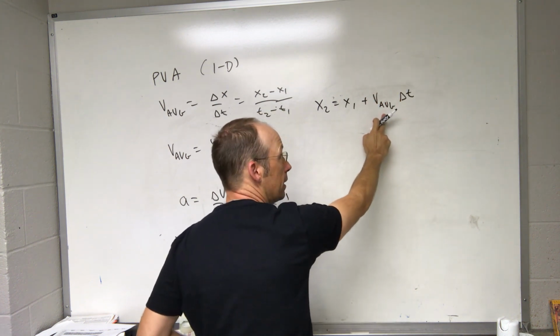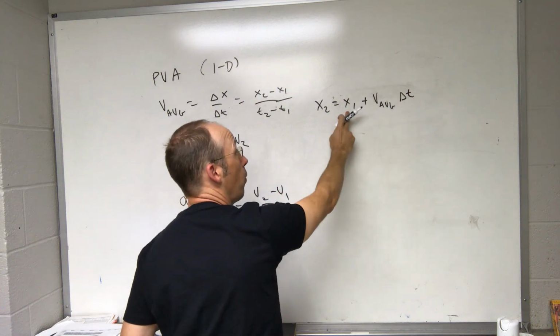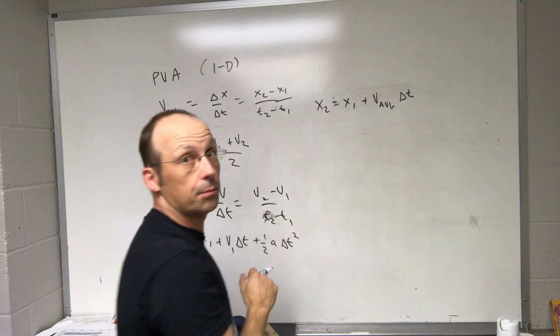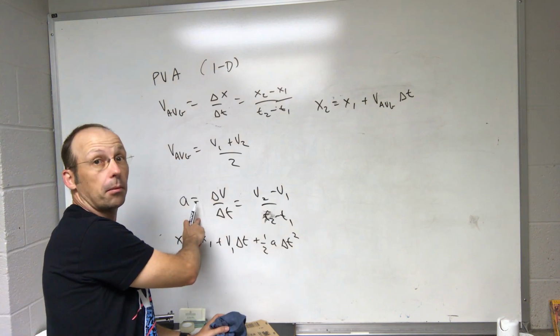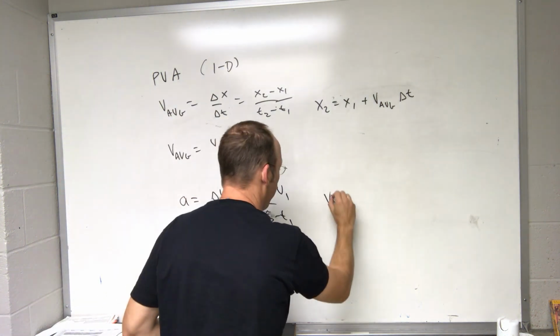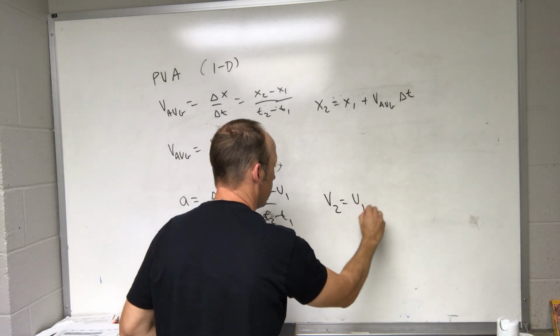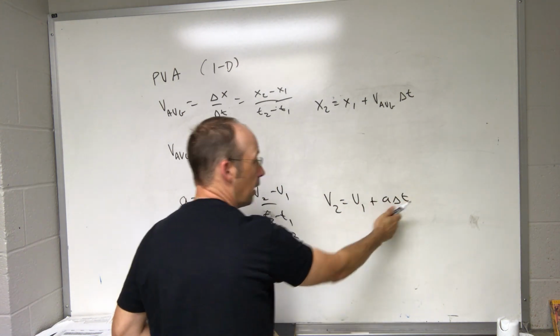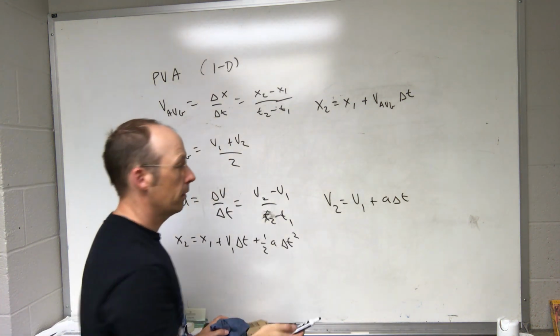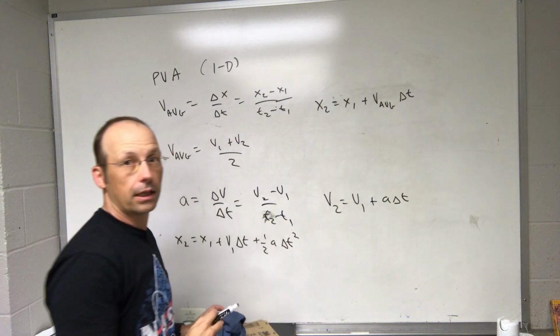So if I know the velocity and I know the time and I know where it started, I can find the new position. That's the position update formula. And likewise, we get a similar thing for the acceleration. I get the velocity update formula: the acceleration times the time interval, plus the old velocity gives me the new velocity.